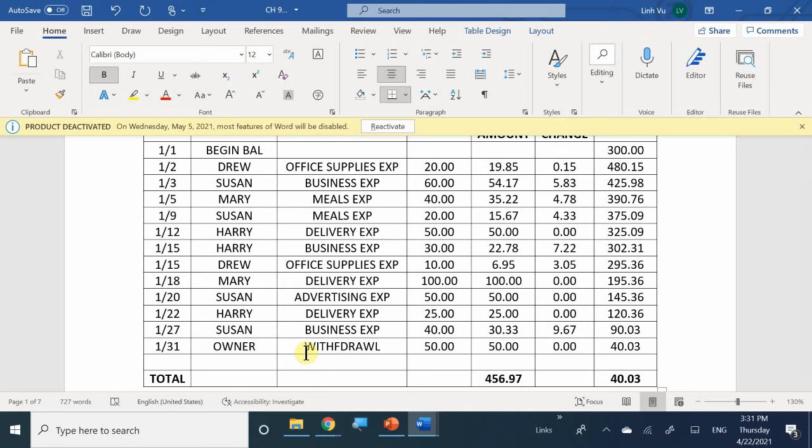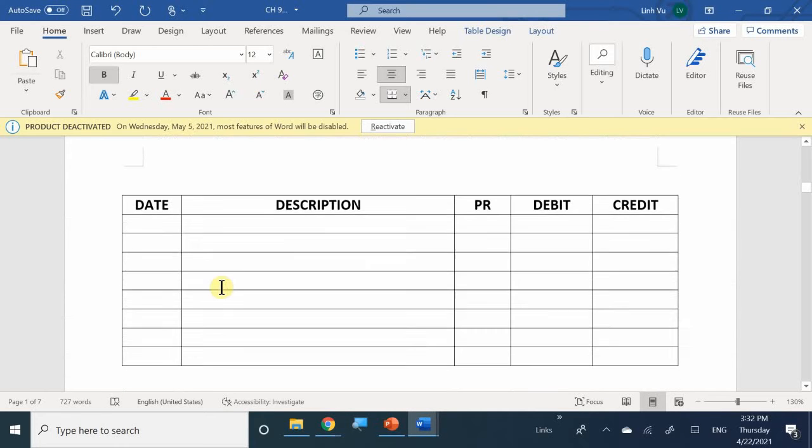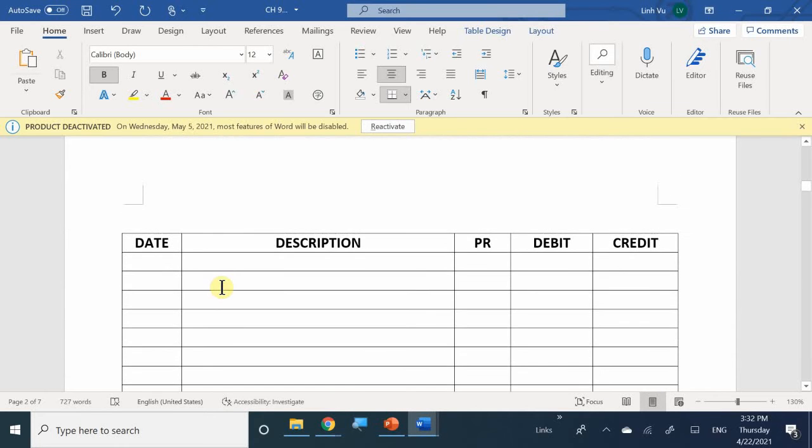When you replenish the petty cash fund, you're recognizing every expense that occurred by paying for it and putting the cash back in the drawer. So I have office supplies expense, business expense, meals expense, and delivery expenses. We're going to go through each and every one and tally them up.